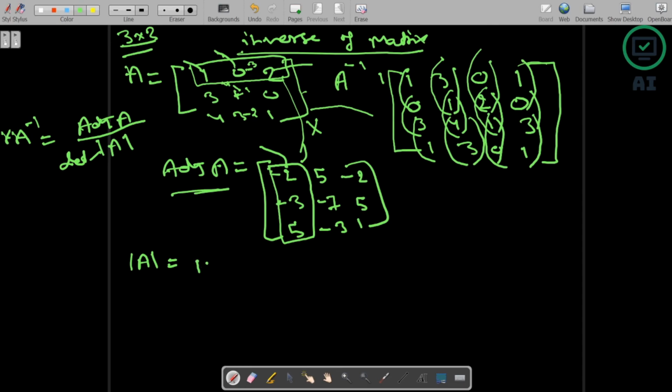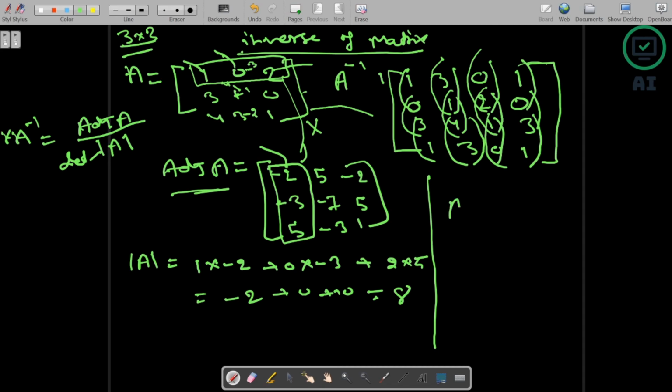It is nothing but 1 cross -2 plus 0 cross -3 plus 2 cross 5, which is -2, plus 0, plus 10. This is finally 8.